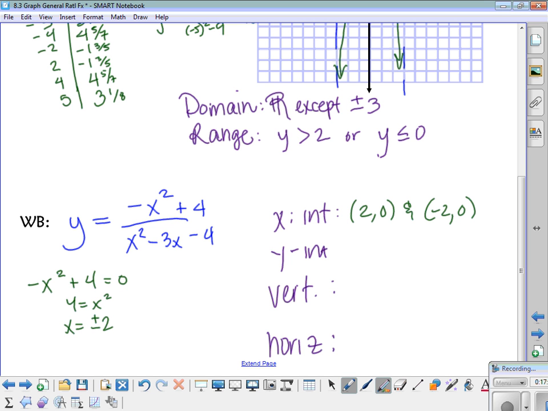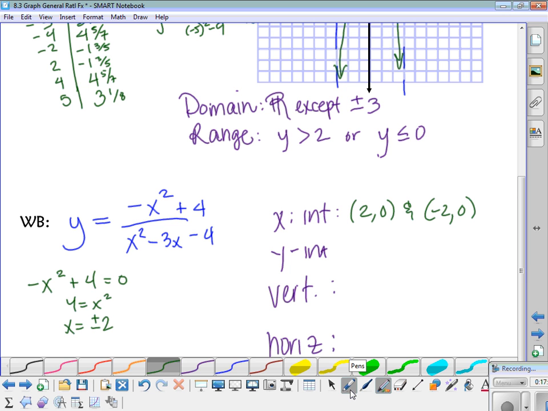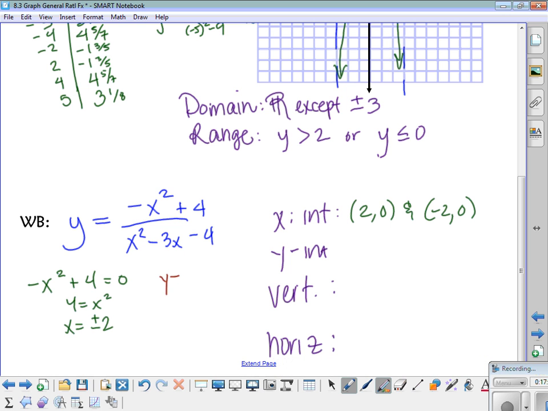For the y-intercept, now I plug in 0 for x. So y equals 0 plus 4 over 0 minus 0 minus 4. That's just 4 over -4, right? Which is -1. So (0, -1) is my y-intercept.